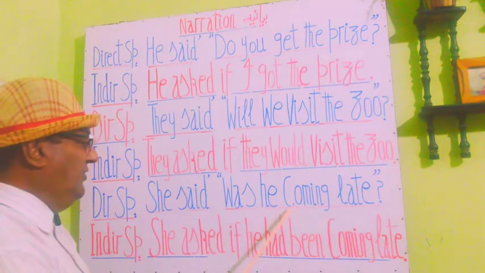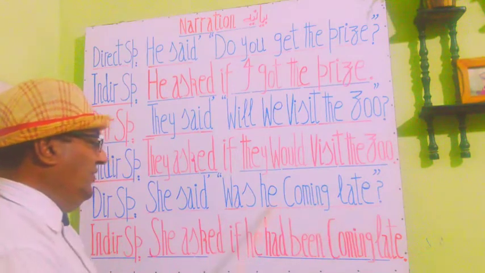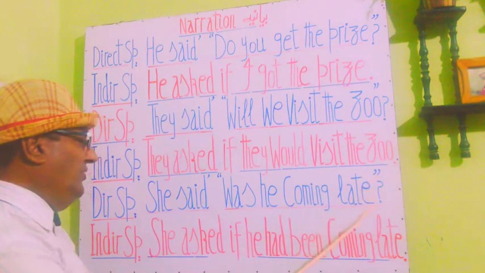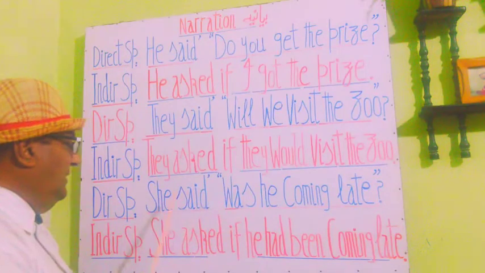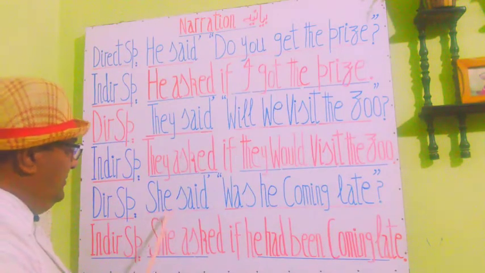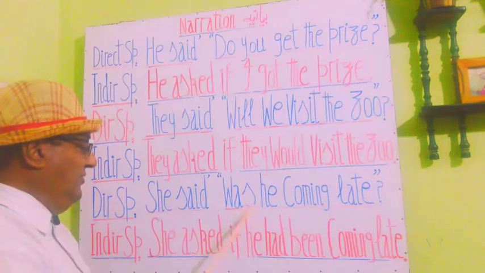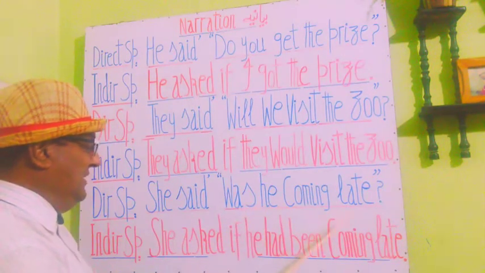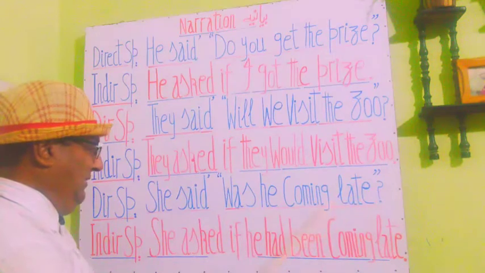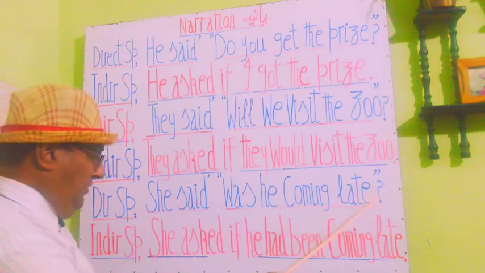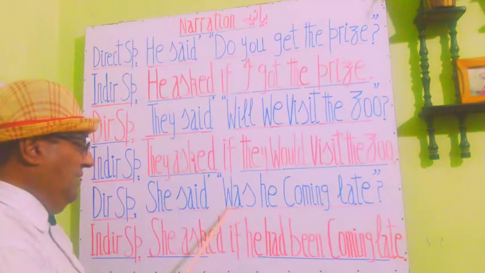We see that the first part is in the past, and the interrogative phrase is also in the past continuous tense: was he coming late?